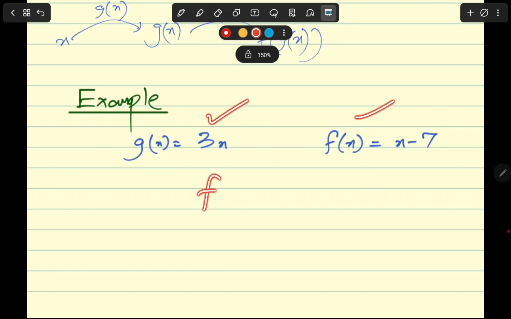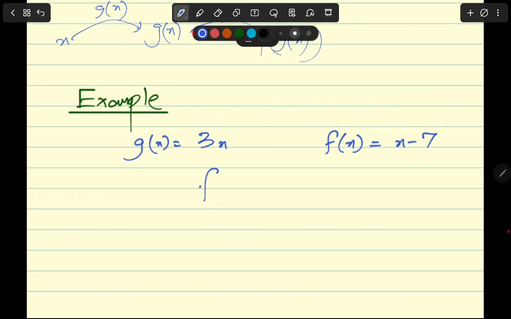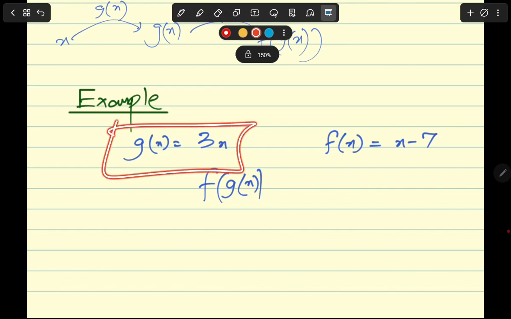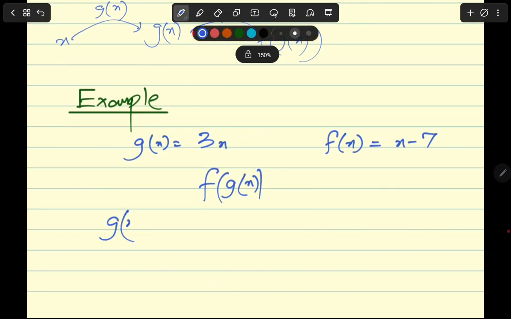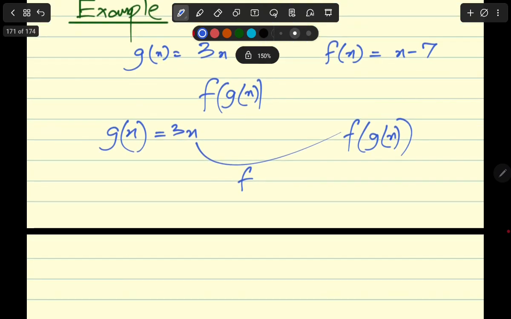If we were to find f of g of x, then what's going to happen? First of all, g of x first. So we write that g of x is equal to 3x, and now f is going to apply on g of x in order to produce f of g of x.